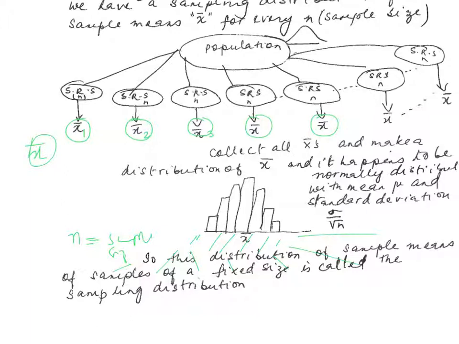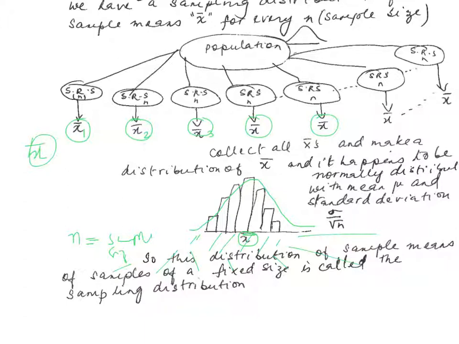We collect all these means. There are many of these, and they're not all necessarily the same, and that's why the mean now becomes the new variable. We collect all those means and make a histogram based on all that data from the various means. So our variable is no longer x, it's x bar. The important thing here is that when we make the histogram of all the means, it's again a bell-shaped curve.